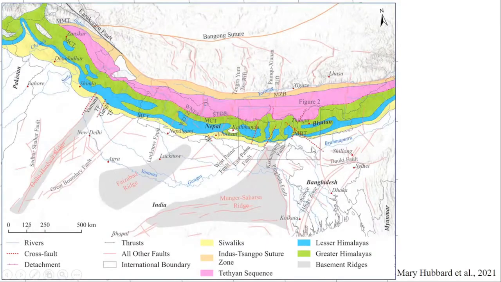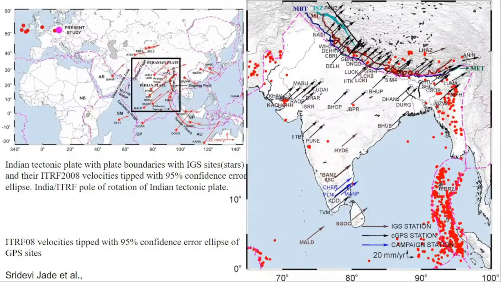Then these are some published literature by Indian researchers as well as foreign researchers. You can see the plate velocity. This is Chennai, Bangalore, Hyderabad, then Maharashtra, then Gujarat, then the Himalayan region.